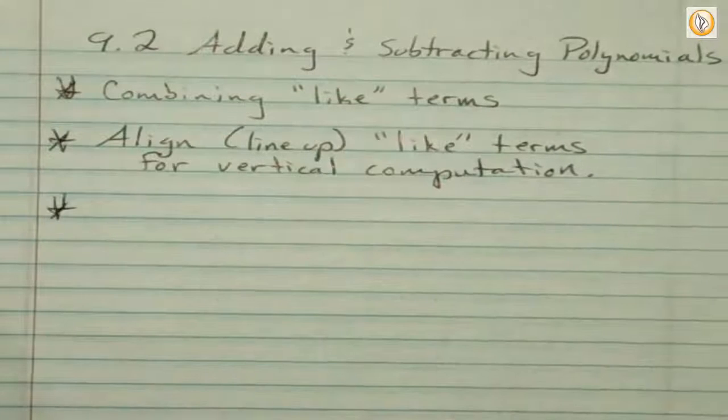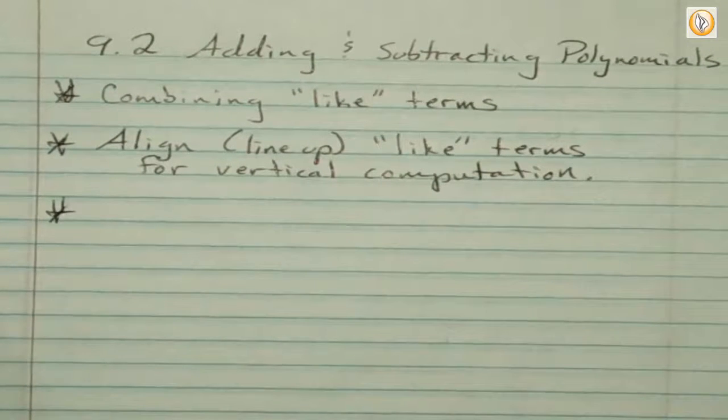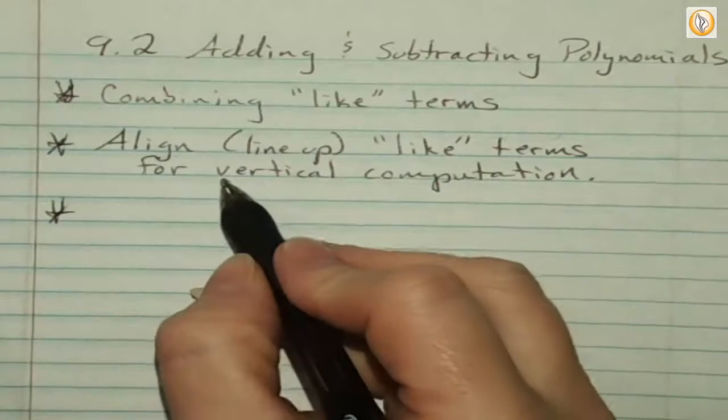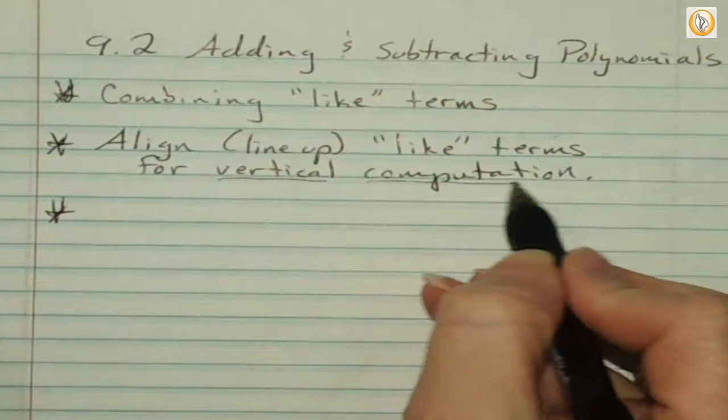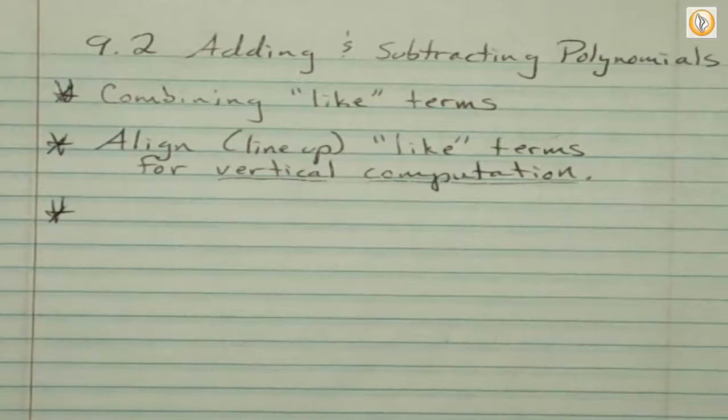Okay, there's two ways of adding and subtracting polynomials. This way right here where I talked about vertical computation, that seems to be the preferred method. Okay? So, I've been teaching this for like 100 years.